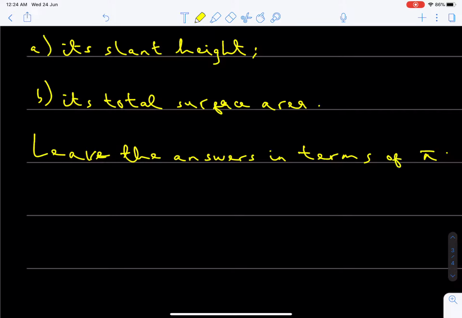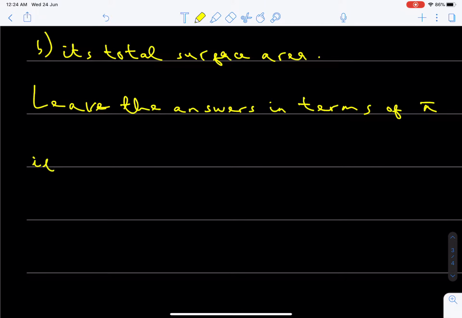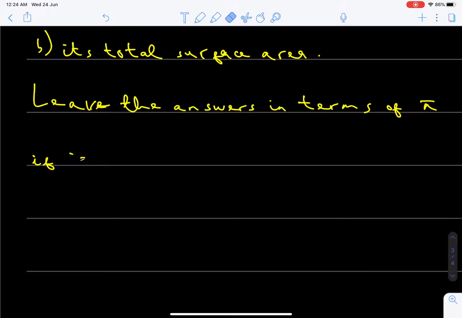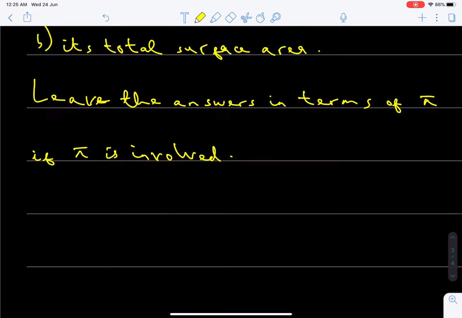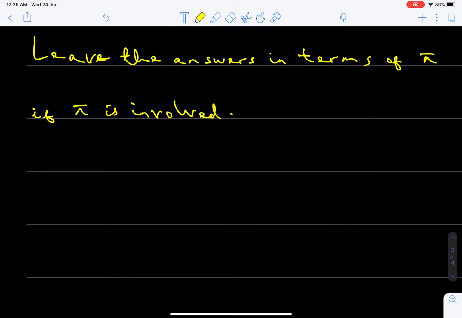We're not using any value in terms of pi if pi is involved. Leave your answers in terms of pi if pi is involved. So wherever pi is involved, we're leaving it as pi. Now that's it, very simply. Let's solve that.